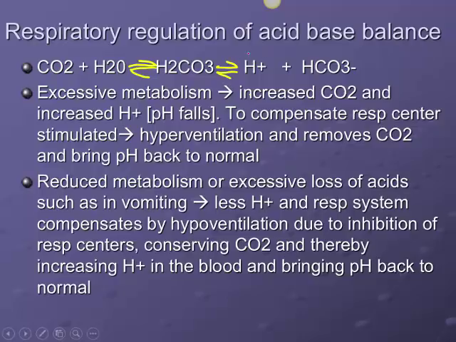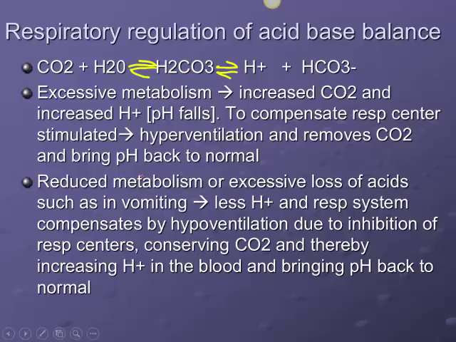This will lead to more hydrogen ions, so automatically you'll get acidosis. To compensate for this, if the respiratory system hyperventilates, what happens? You're pushing the reaction this way. If you keep removing carbon dioxide as fast as hydrogen ions are formed, you're going to be able to adjust the pH, which is what happens when people exercise and they begin to hyperventilate.